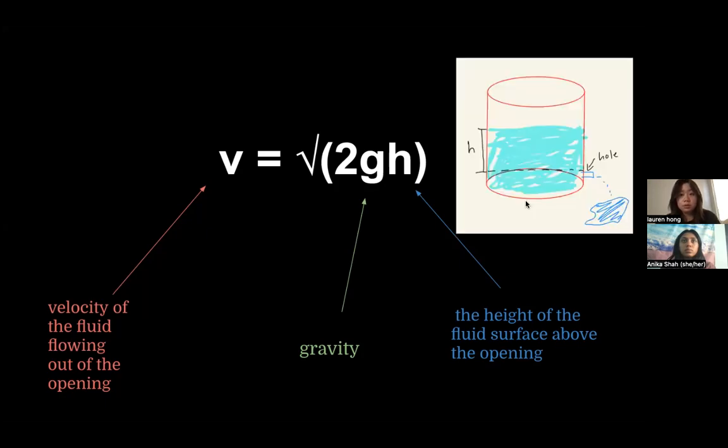I have a little diagram here to explain height. Here I have my container filled with whatever fluid, and I have my hole at the bottom and it's leaking. So my height would be from the point of my hole to the top of the fluid.